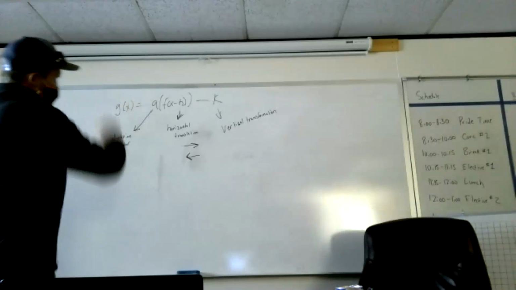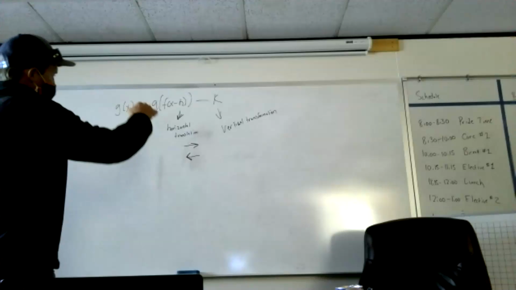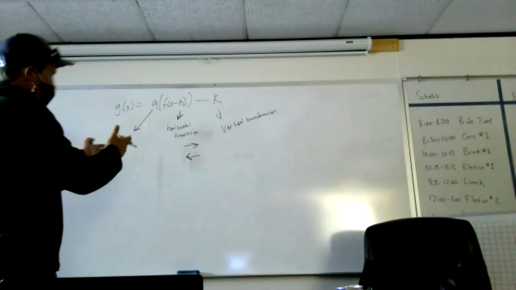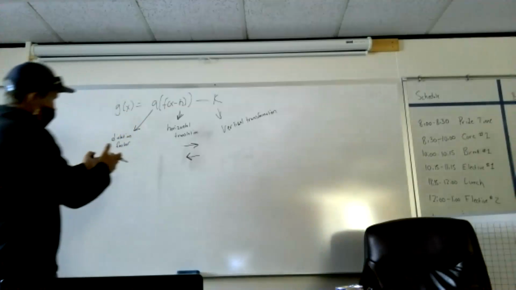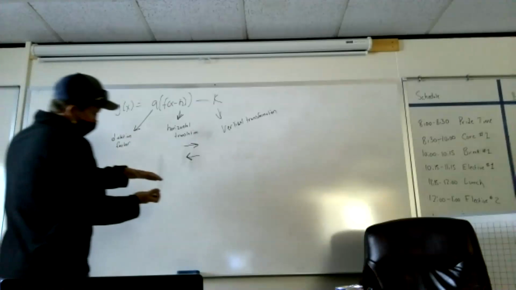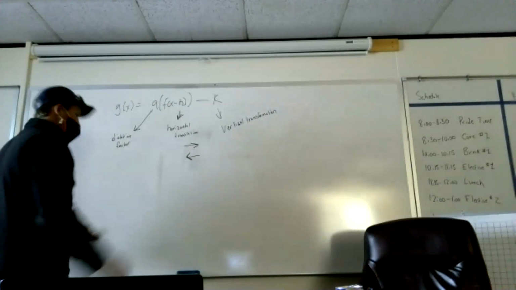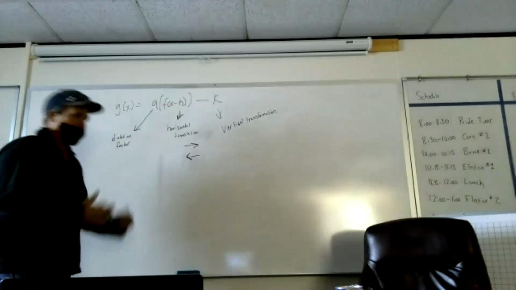Parabola is normal, nice little U shape. If it's stretched vertically, it's going to be a skinny parabola. That's also known as being compressed horizontally. If it's compressed vertically, it's going to be a little bit thicker parabola.